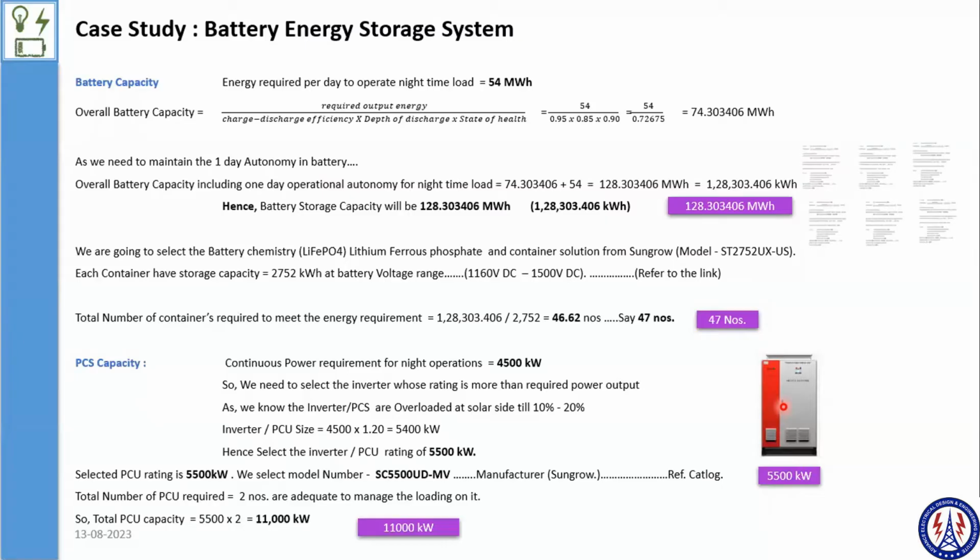We need to think both ways, while charging and while discharging. While discharging, two PCS will help make your system more reliable and robust. But while charging, what is the scenario? You are going to charge your batteries from the solar, not from the grid. So solar power is not continuous, it's instantaneous, right?